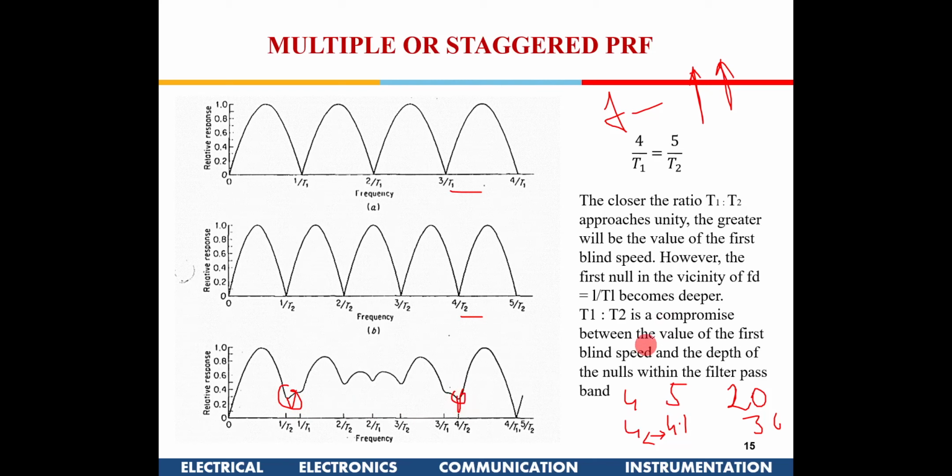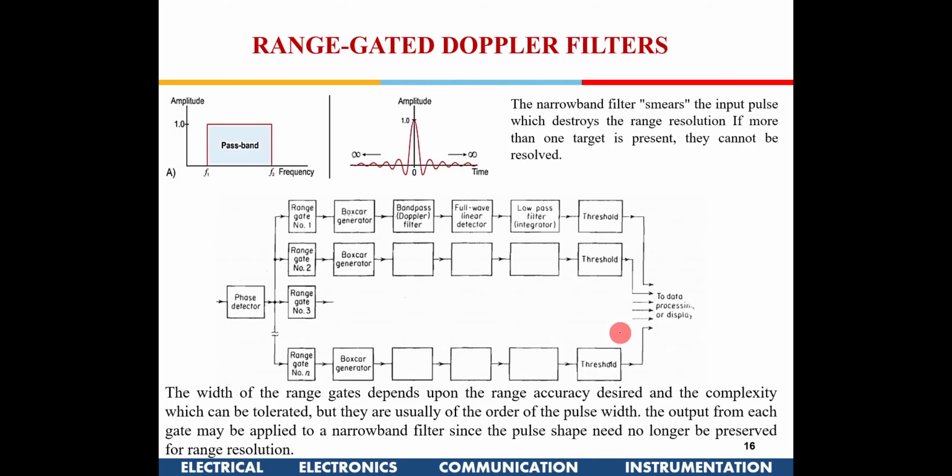So there is a trade-off. If you keep them very close to each other, these dips will come closer. If you keep them very far away, the nulls will be relatively much higher than the 0 level, and hence the probability of missing them will be lesser. So that compromise you have to make.